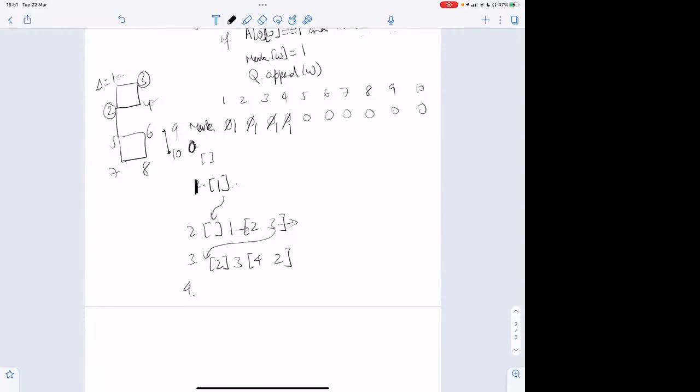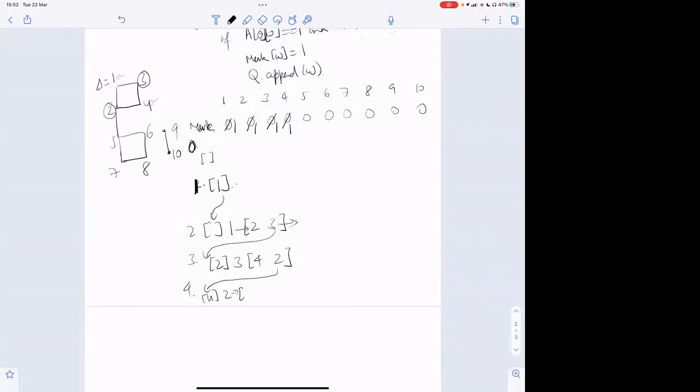Yes, sir. Okay. So now I will extract out this 2, so the Q would become 4 and then 2. And now I will construct the new Q from this. So what are the neighbors of 2? 1, 4, and 5.